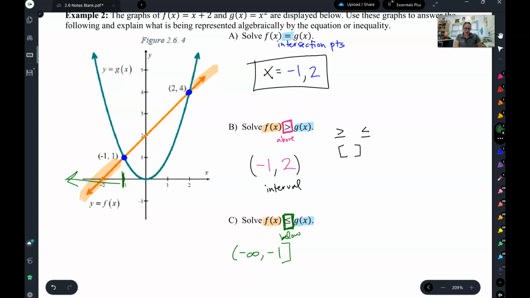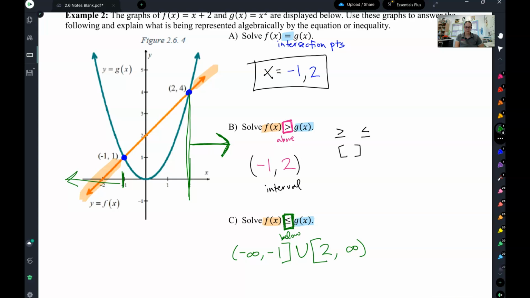And we put a bracket because it's equal to. We say union. We also have this section. So this is from x equals 2 all the way, keep going to the right. So from 2, if I want to go to the right forever and ever, we go up to infinity, and bracket because of that equal to.